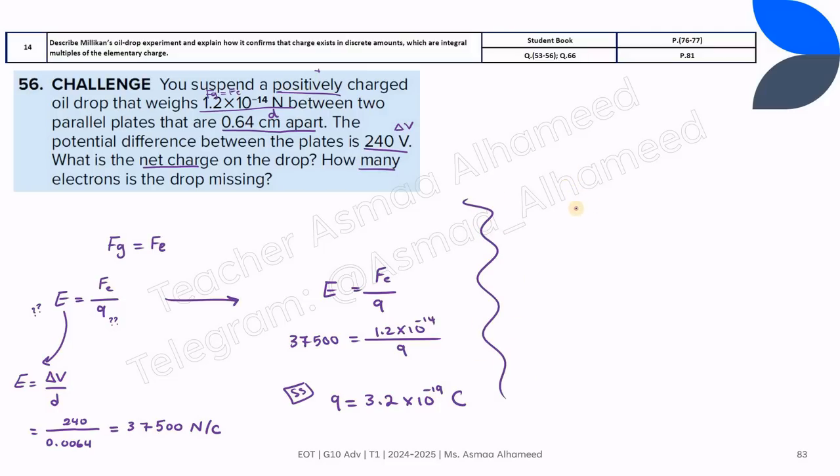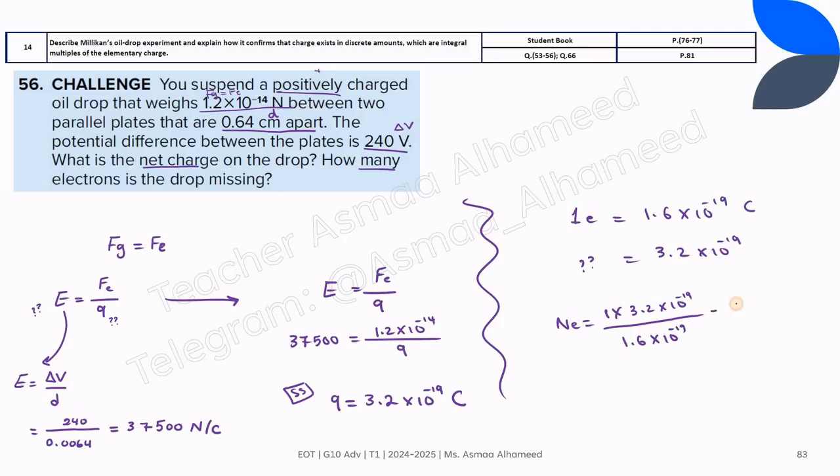Now the second part is, again we have one electron has a charge of 1.6 times 10 to power minus 19 Coulomb, and here we have 3.2 times 10 to power minus 19. How many electrons? The number of electrons will be 3.2 times 10 to power minus 19 divided by 1.6 times 10 to power minus 19, and the answer will be again 2 electrons.